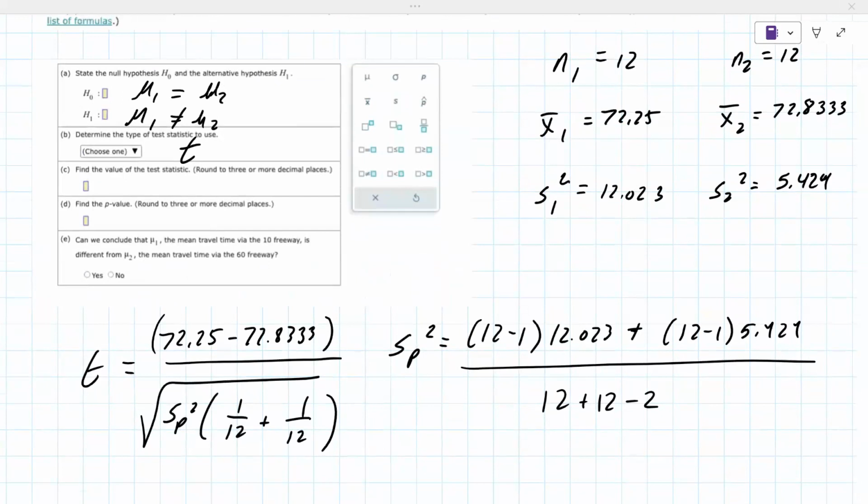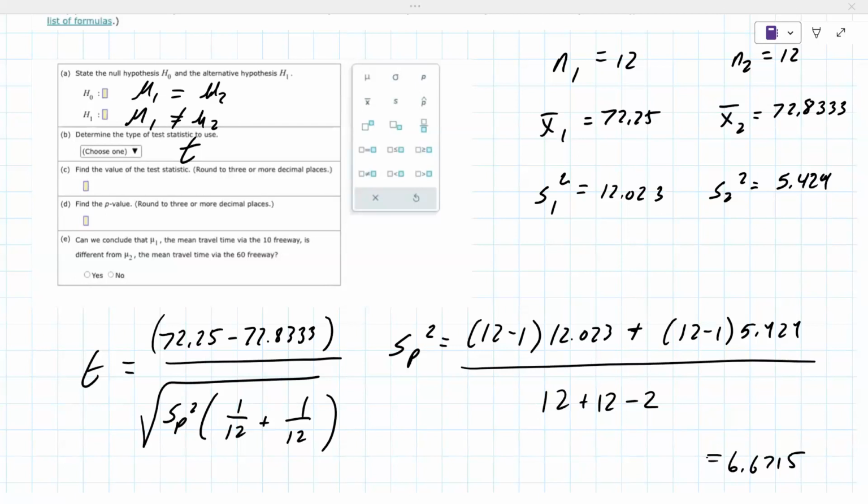All right, so let me get some of those values. 12 minus 1, 12 plus 12 minus 2. So that ends up being 6.6715. And then dividing by 1 over 12, 1 over 12.